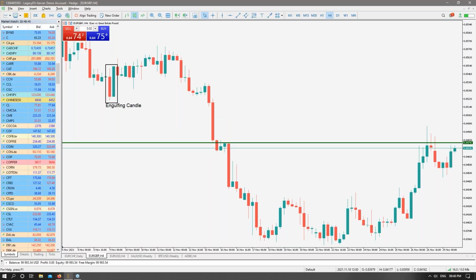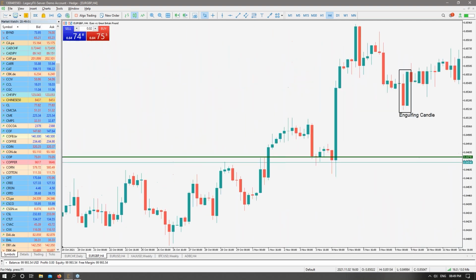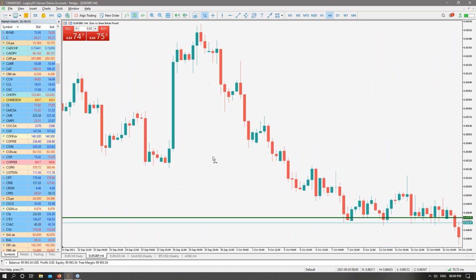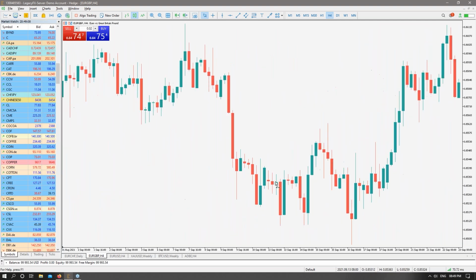A double top or a double bottom is very simply this. You have the previous heights, and they're connected. Preferably you want this wick to be just touching it. Now, if we look at some previous history here, that's pretty straightforward.